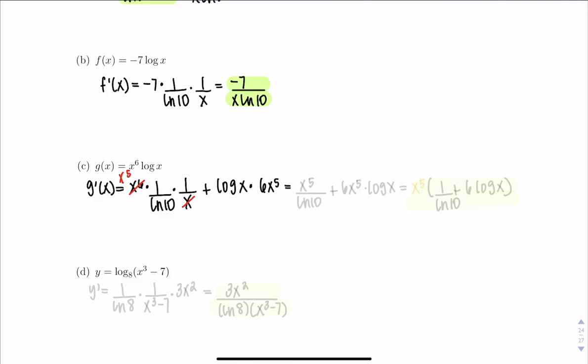And so we actually have x to the 5th over ln of 10 plus 6x to the 5th times log x. And so we could actually factor out an x to the 5th because it's present in both pieces. And what I have left over is 1 over ln of 10 plus 6 log x.